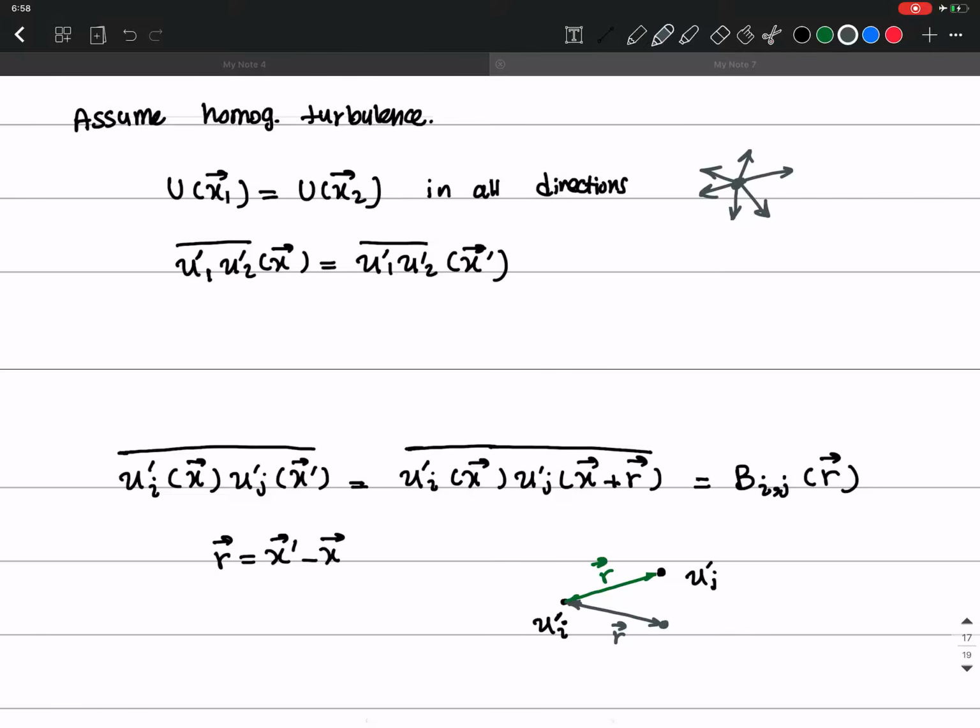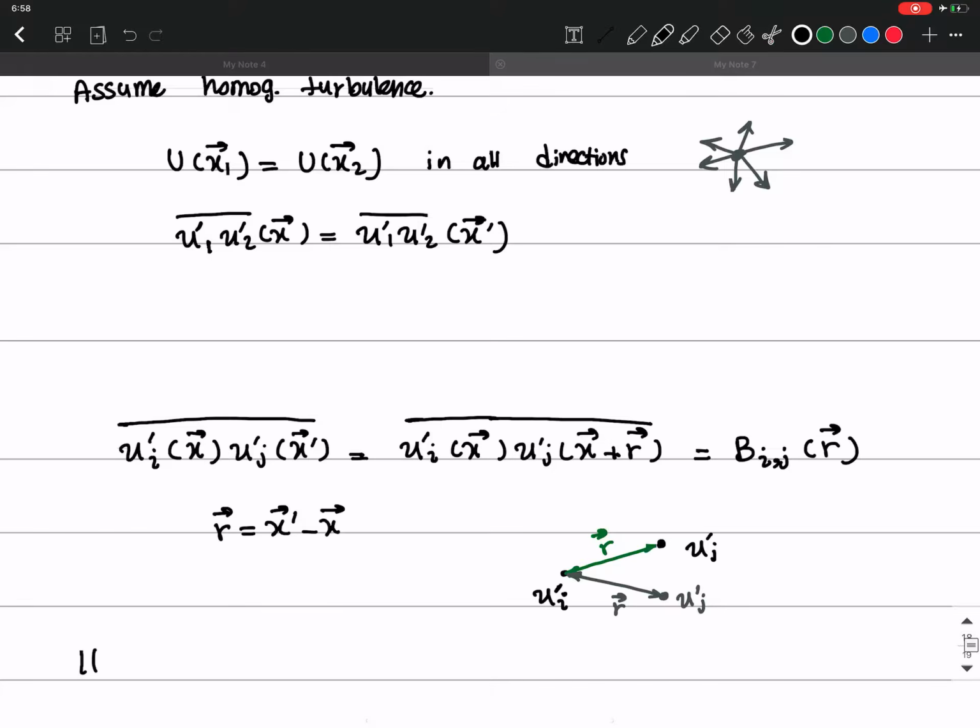What's really important is the distance, whether they are very close to each other or very far. So we can prove that in homogeneous turbulence, this is only a function of their distance.